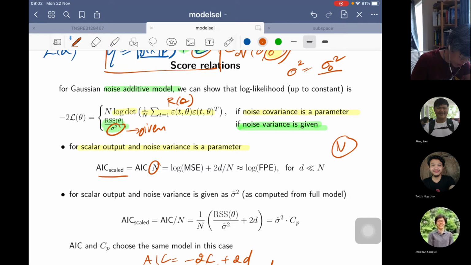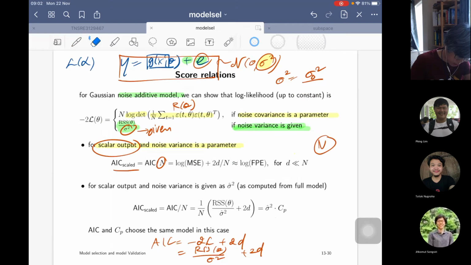But we restrict down to the case of the scalar. So now we're going to use the expression of negative 2L from the yellow case, but we consider the special case where the output is scalar.